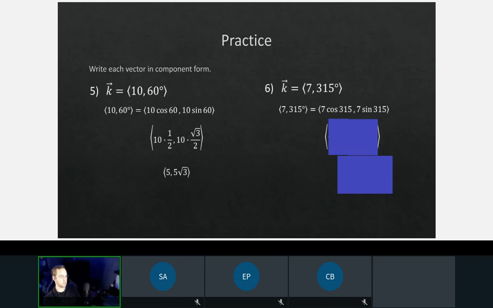Multiplying 7 times sine 315. You would only get a domain error if you were in... actually, I don't know why you would get a domain error. Type it in again, maybe? Okay.